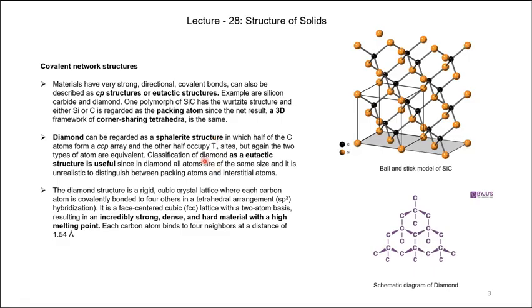As these atoms are of similar size, the classification of close-packed atoms or atoms occupying tetrahedral sites are equivalent. So diamond is an example of a eutactic structure, since in diamond all atoms are the same size, and therefore we cannot distinguish between packing atoms and interstitial atoms.